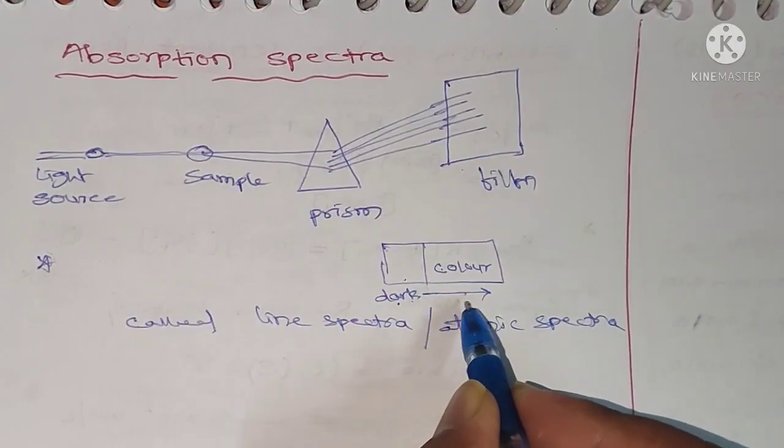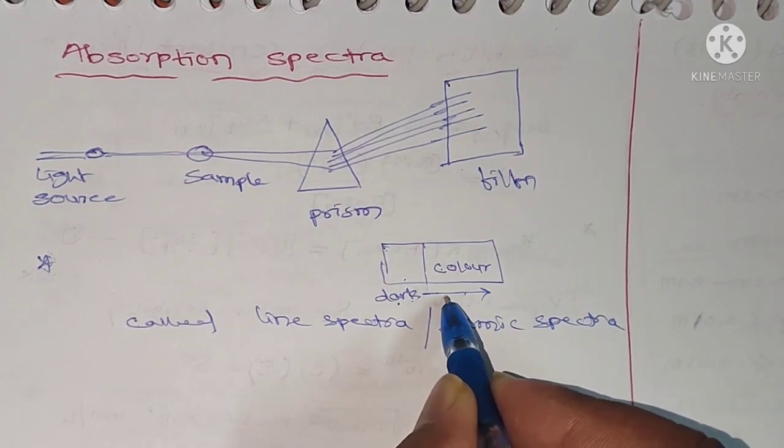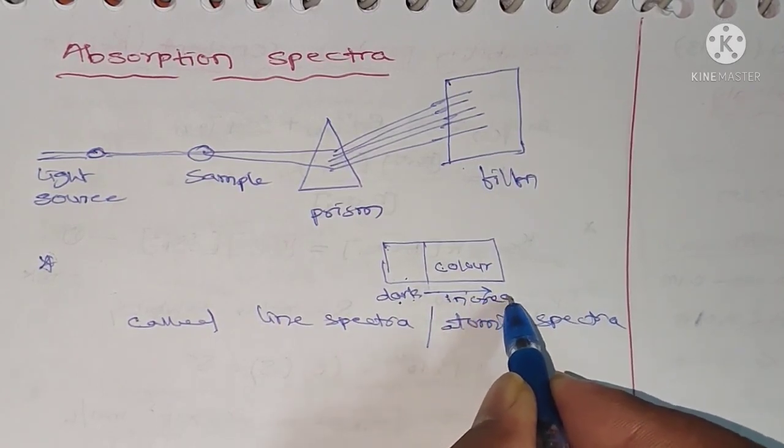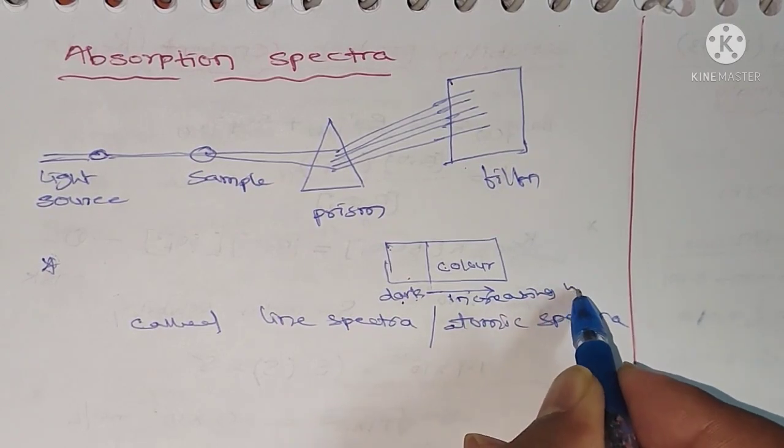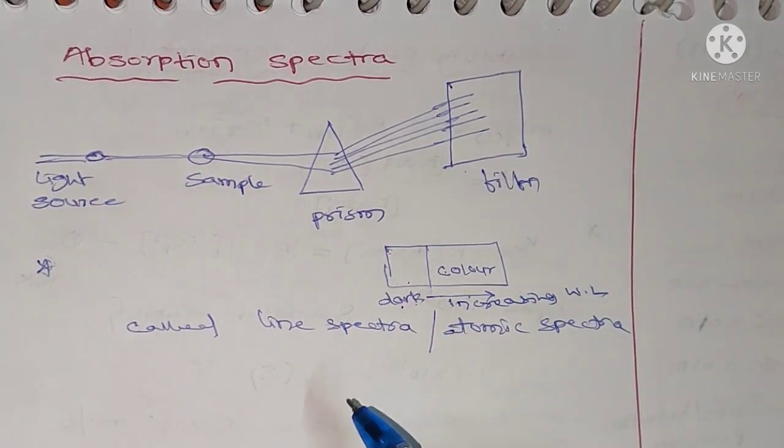And here this is the increasing wavelength. This is about emission spectra and absorption spectra.